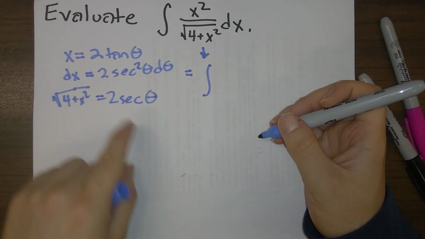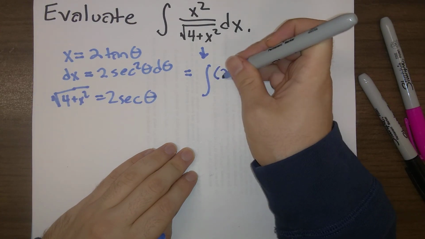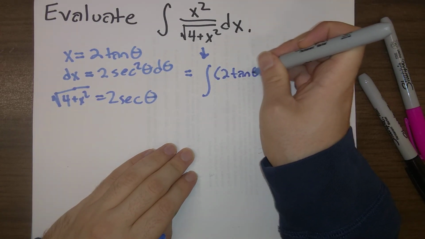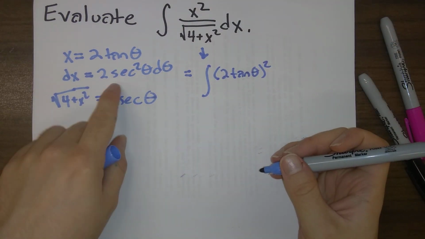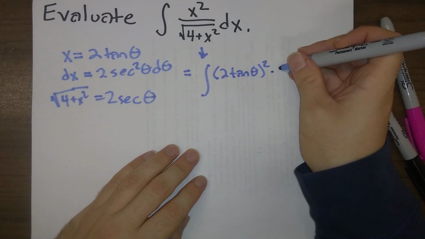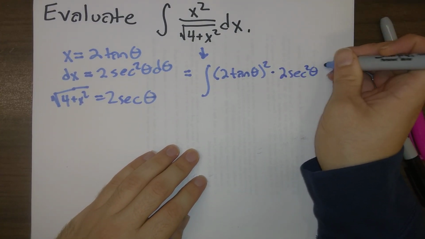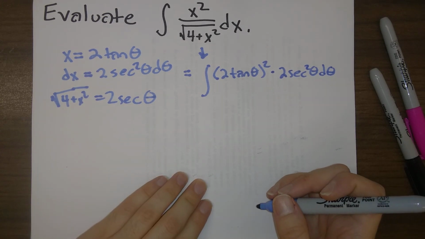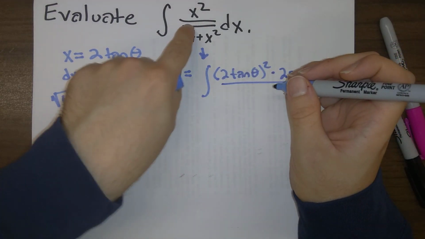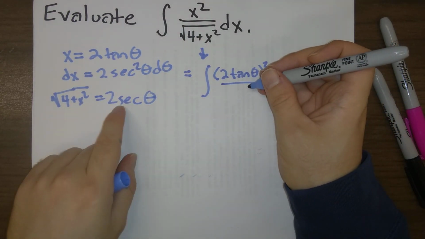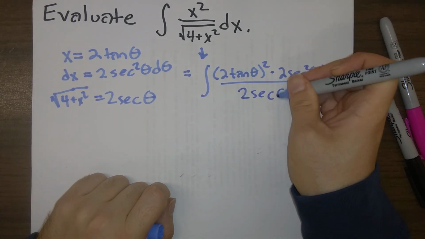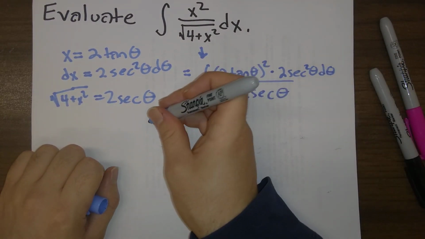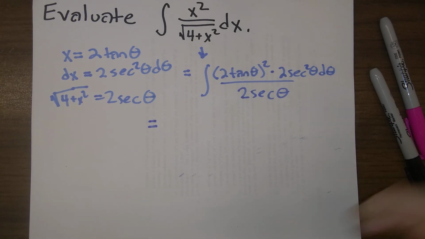So x squared, well, x is 2 times tangent theta, all of that squared. dx is 2 secant squared theta d theta, and this square root down here, we replace it with 2 secant theta. Okay, so what do we see here?